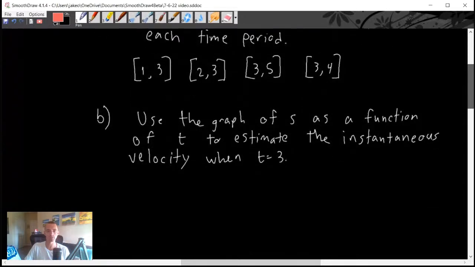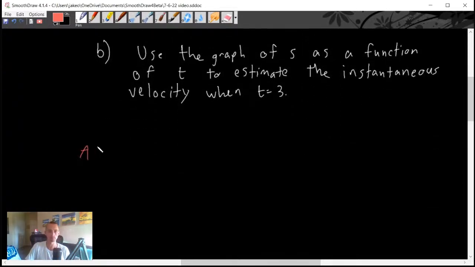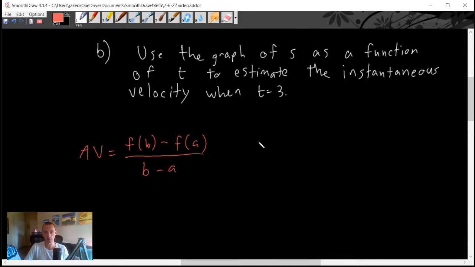But that average velocity formula, like I said, average velocity, I'll call that AV, is if we have a function, which in this case we don't, but we can still use this formula, and I'll explain why in just a moment. It would be f of b minus f of a all over b minus a. And this would tell us the average velocity over the interval a to b.